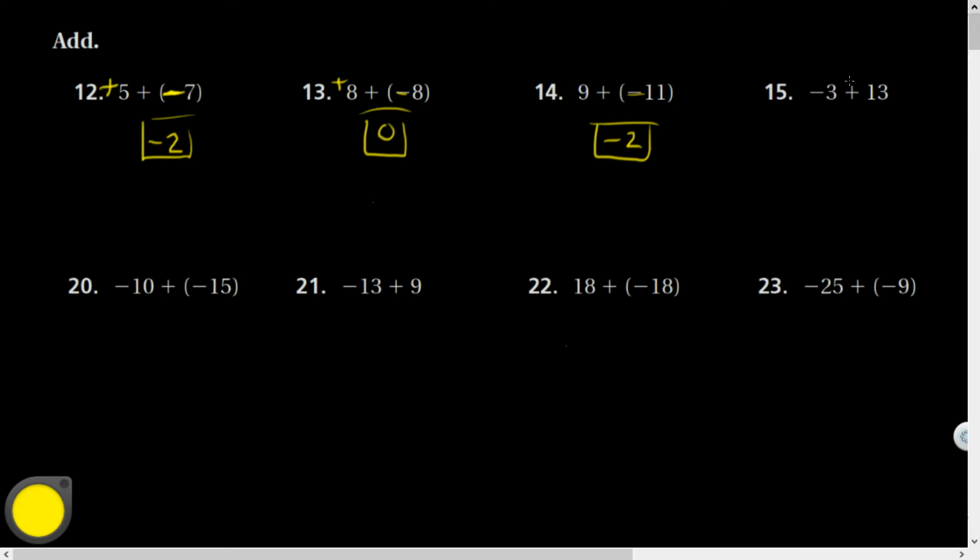All right, Amity, what do you think in question 15? All right, so their signs are different, so you subtract them. 13 minus 3 is 10. And then how did you know if it was positive or negative? Yeah, 13 is more influential.